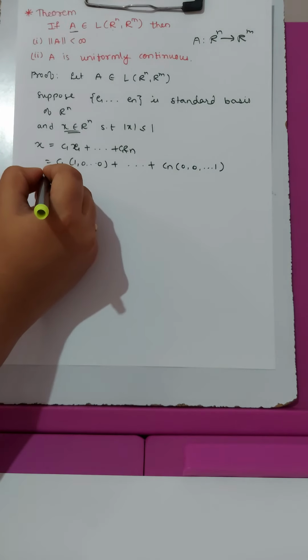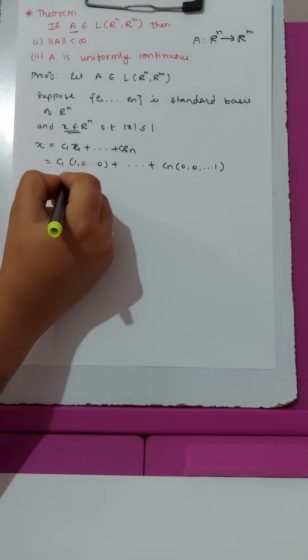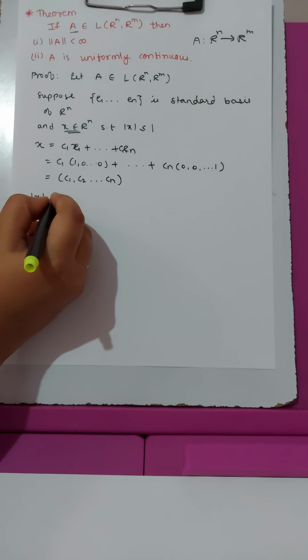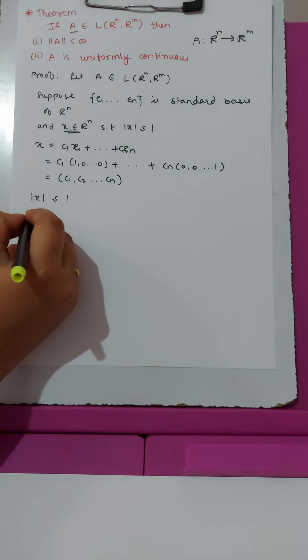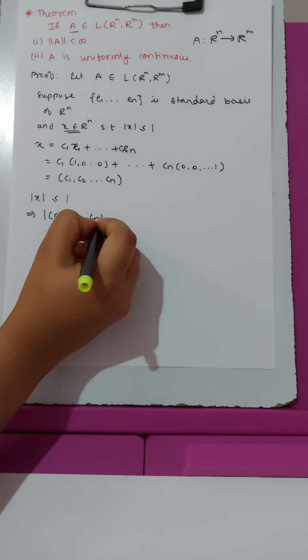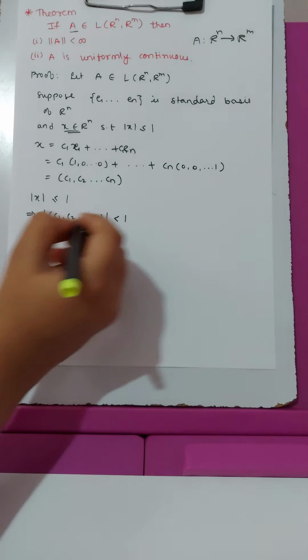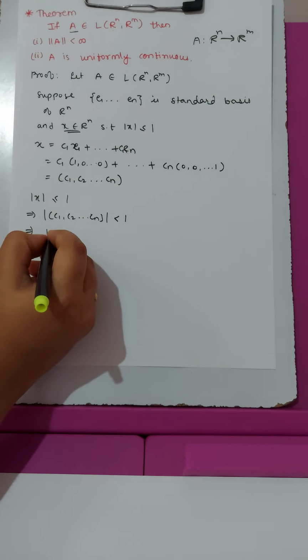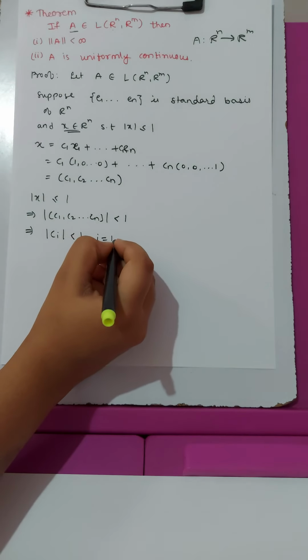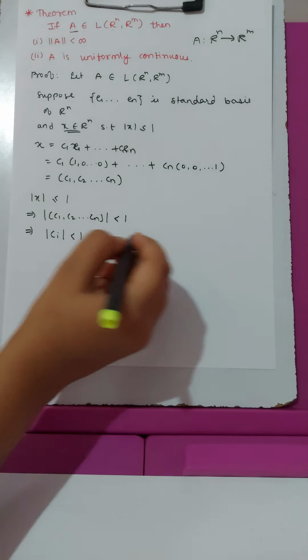So x is (c1, c2, up to cn). Now since mod of x is less than or equal to 1, this implies that mod of each ci is less than or equal to 1 for i from 1 to n.